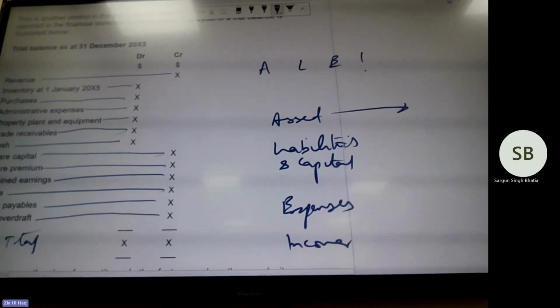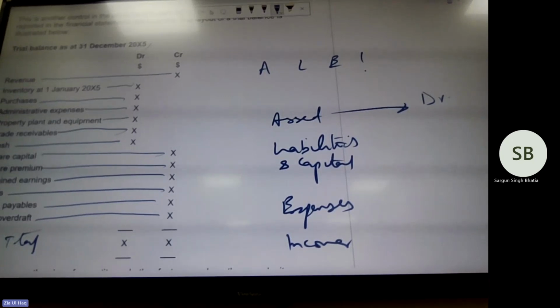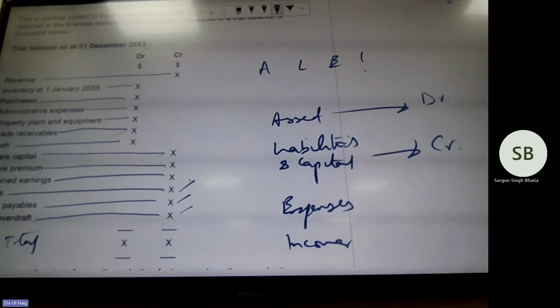Assets have a debit nature, that's why their balances are debited. These are the assets: property, plant and equipment, trade receivables, cash. Liabilities have a credit nature, that's why their balances are credit. Bank overdraft, trade payables and loans are liabilities, and these are capital.